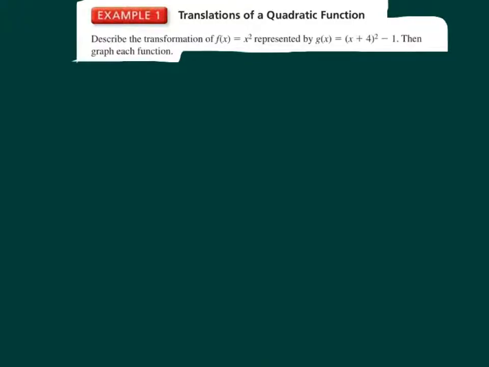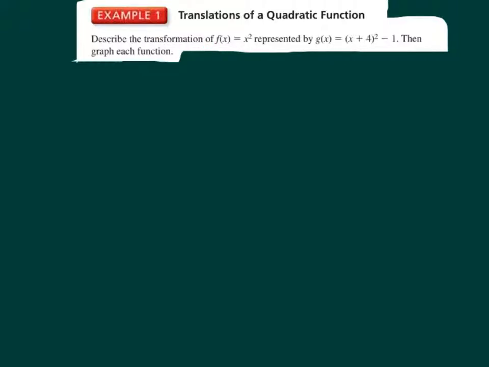So here's an example of something a little bit different. What's going to happen is they're going to actually give you the transformation, and you have to tell what the transformation was. So we're going from here to here. So what I'm going to do is actually write this in vertex form.